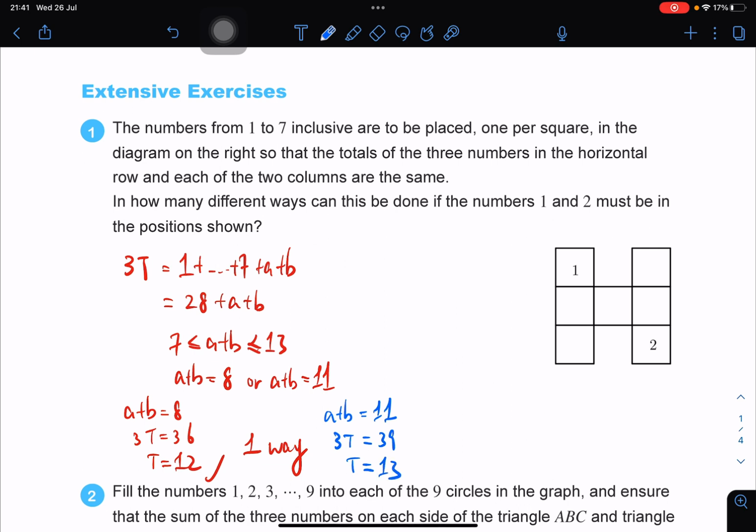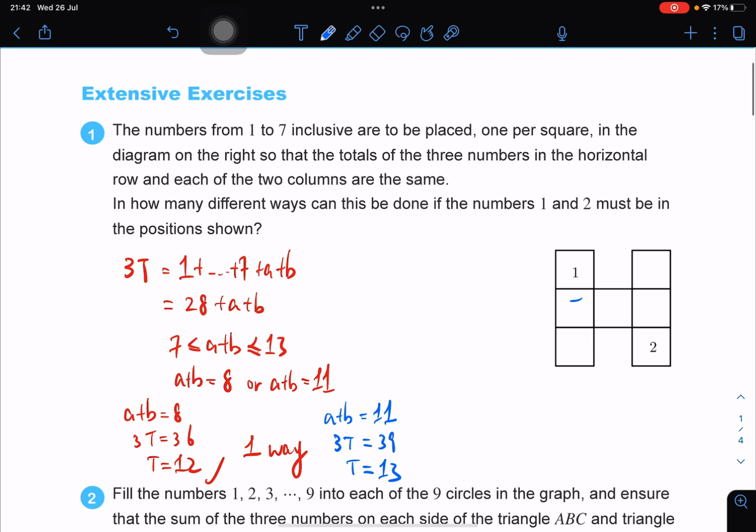Now, if I have 6 adding 5, well, that can be a 6, but this has to be a 6 as well, so that doesn't work. And then that can be a 5, where this adds up to 6, and that can be a 7. But then, on the other side, 2 and 6 means that it needs a 2 in the middle.